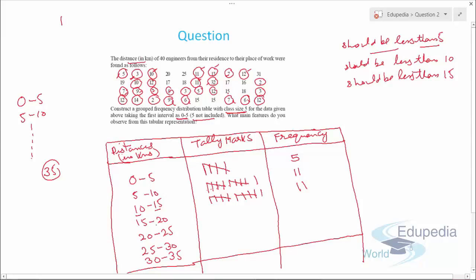large, right. Now we have 15 to 20, we need to see how many. This means it should be less than 20, right. So again this cannot be included. We need to search, so this can be the value 1, so we need to draw one line over here.